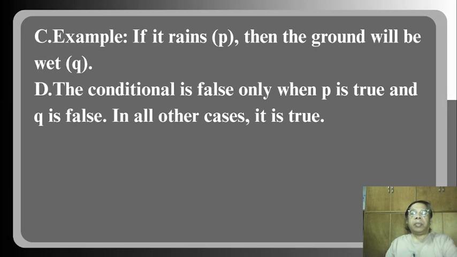Example: if it rains (P), then the ground will be wet (Q). The conditional is false only when P is true and Q is false. In all other cases it is true.